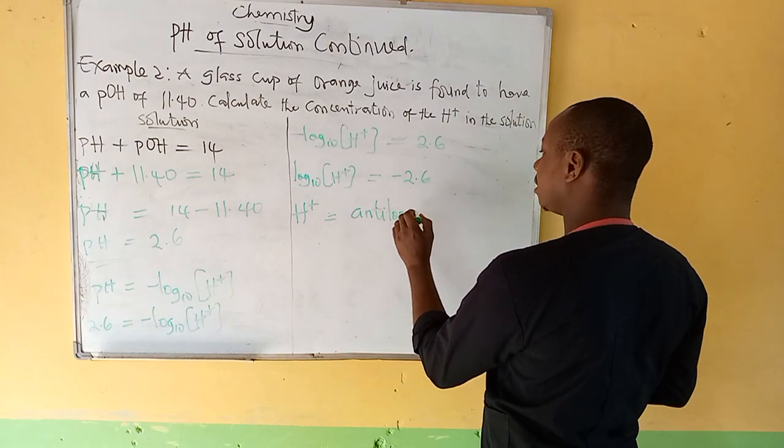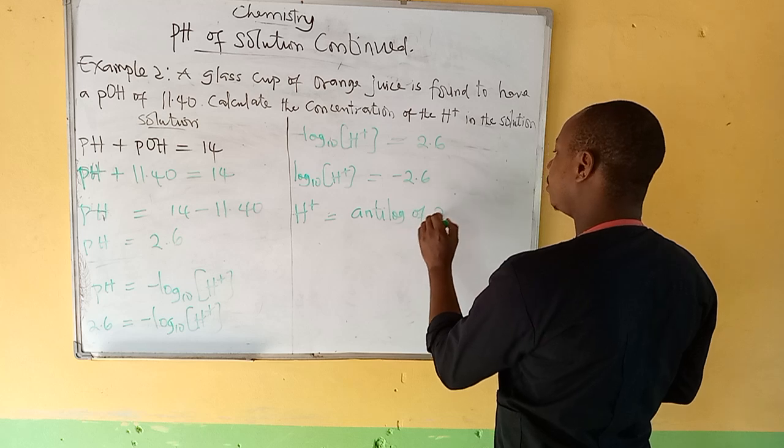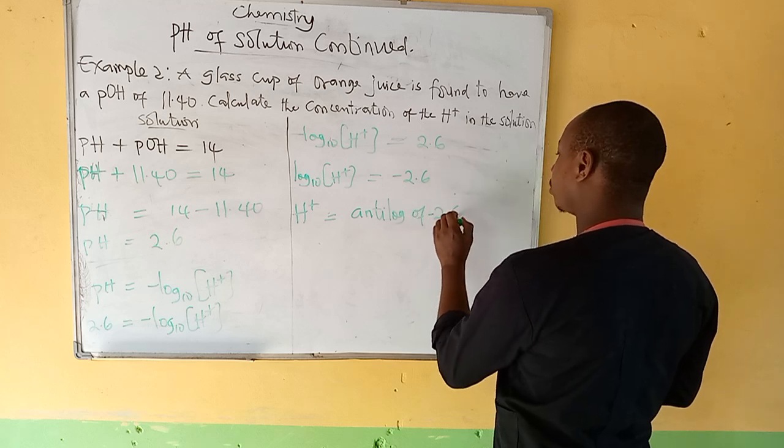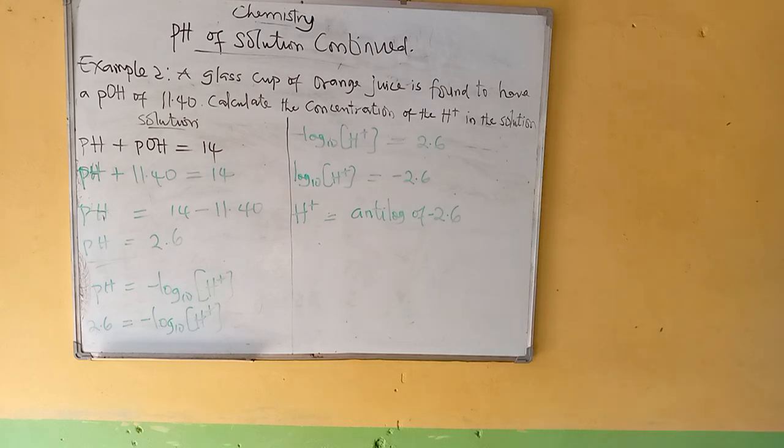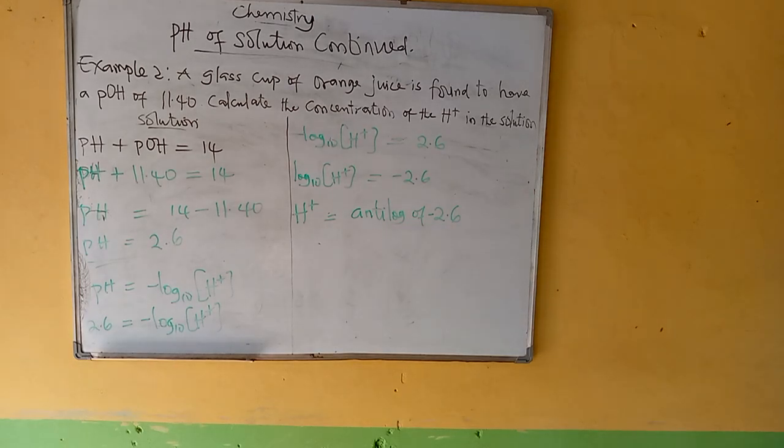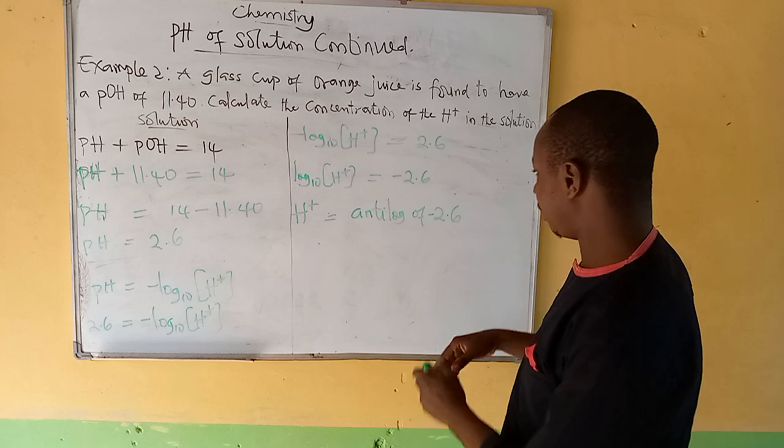Oh, this is simple mathematics. Anti-log of minus 2.6. How do we solve this? We are going to split minus 2.6 into two. So think of two numbers that when you add or subtract, you are going to get minus 2.6.